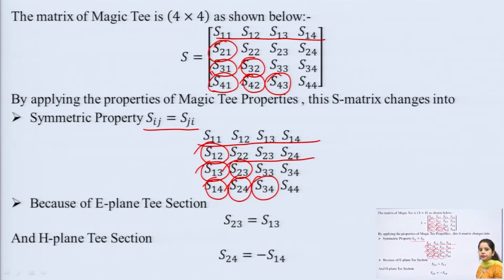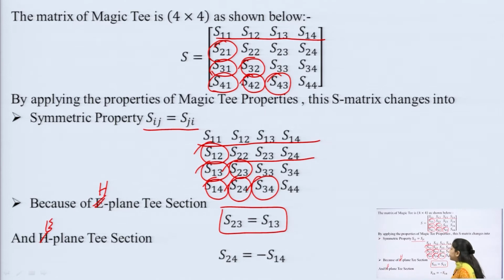Now comes the H-plane T. The H-plane T is our third port. So, as per the H-plane T property, S23 should be equal to S13, and as per the E-plane property, S24 is equal to minus S14.